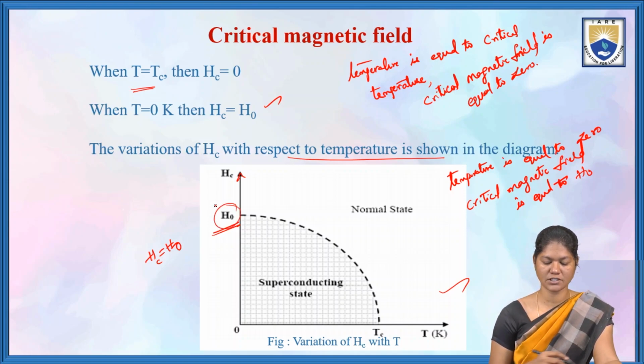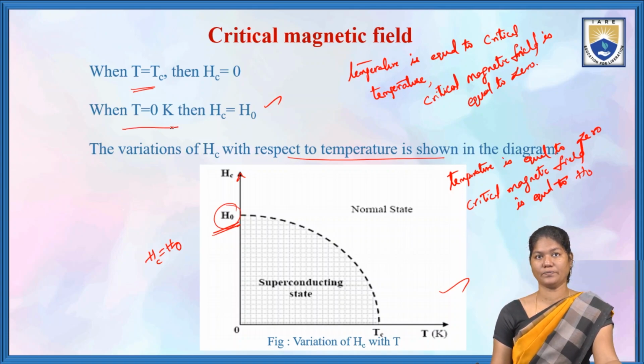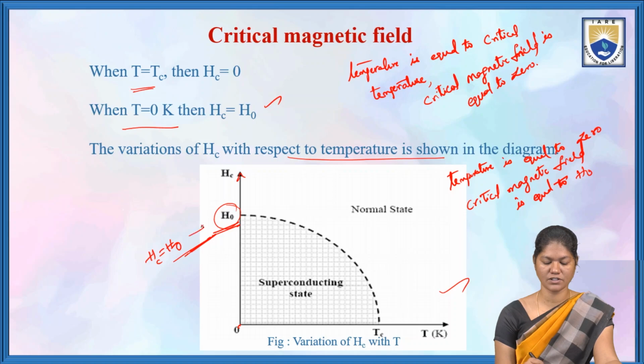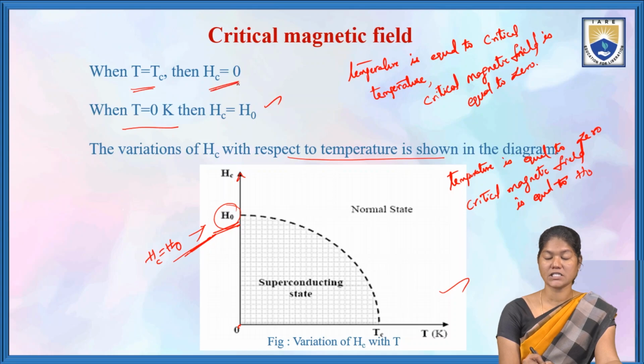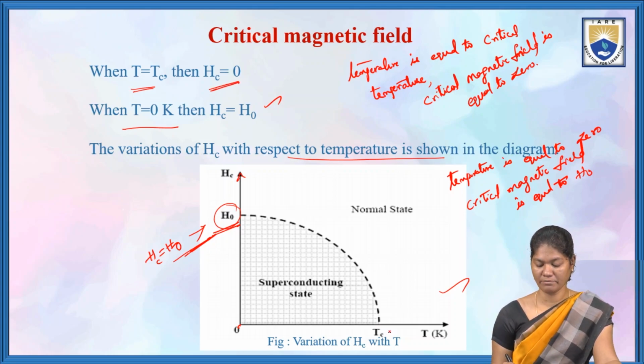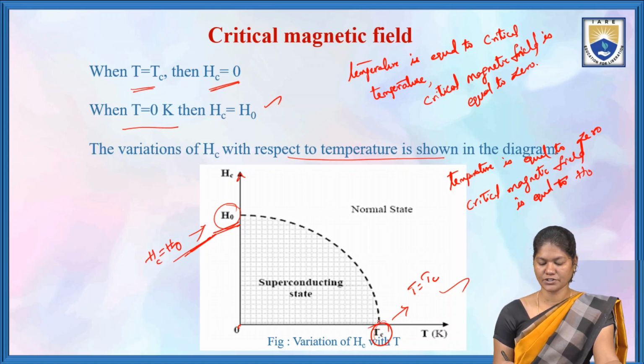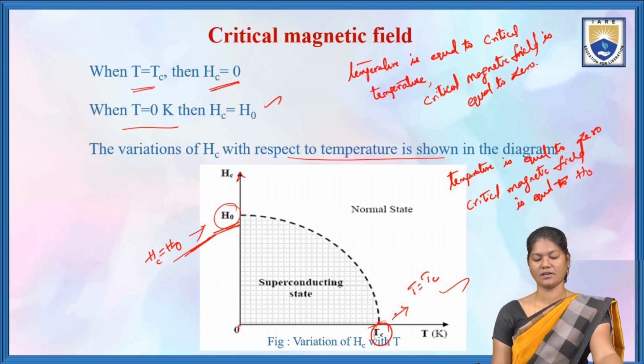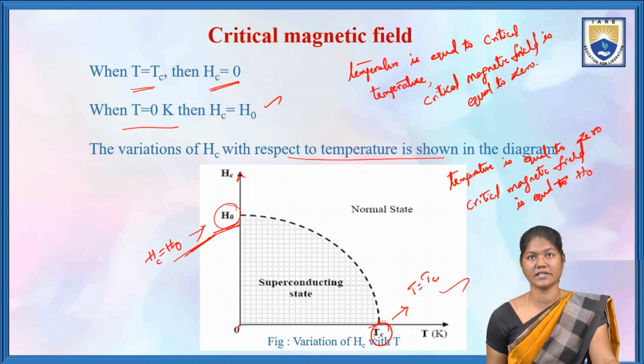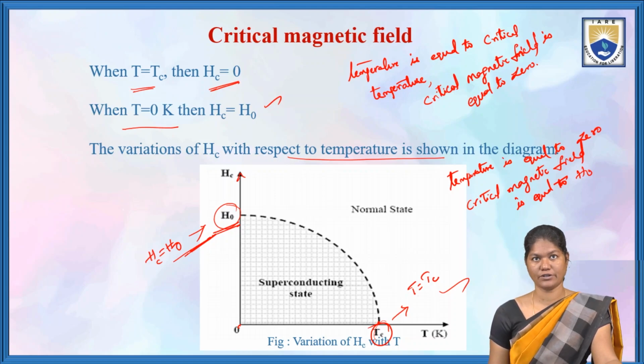So at temperature 0, Hc is equal to H0. Where T is equal to Tc, the critical magnetic field Hc is equal to 0.